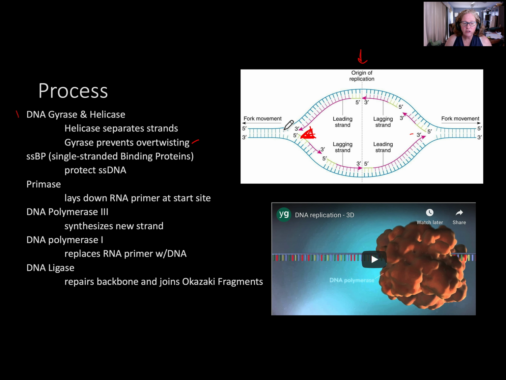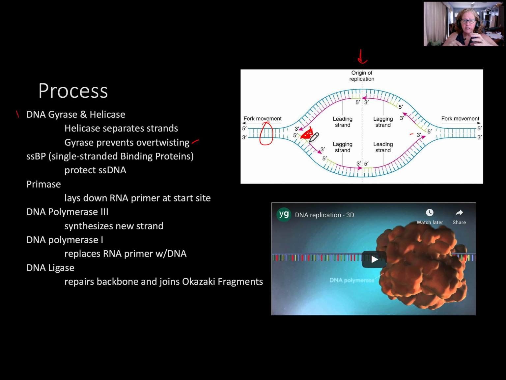DNA gyrase is found up here, just in front of helicase, still part of that replisome complex, where the DNA is still double-stranded. Because DNA is helical, as helicase moves through, it's going to cause over-twisting of the DNA in front of the replication fork.